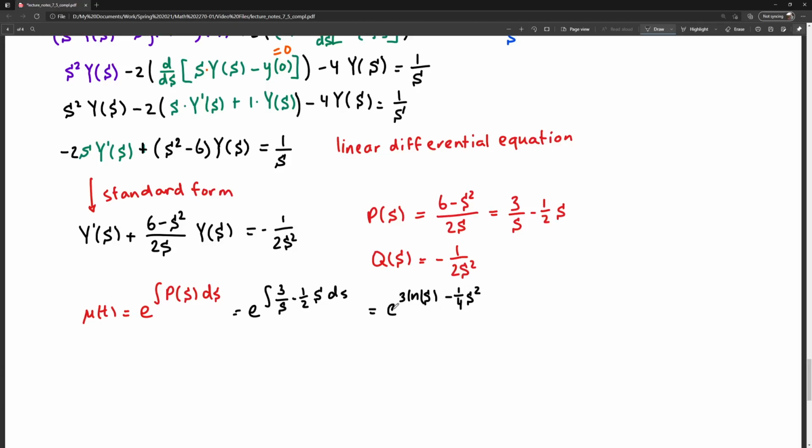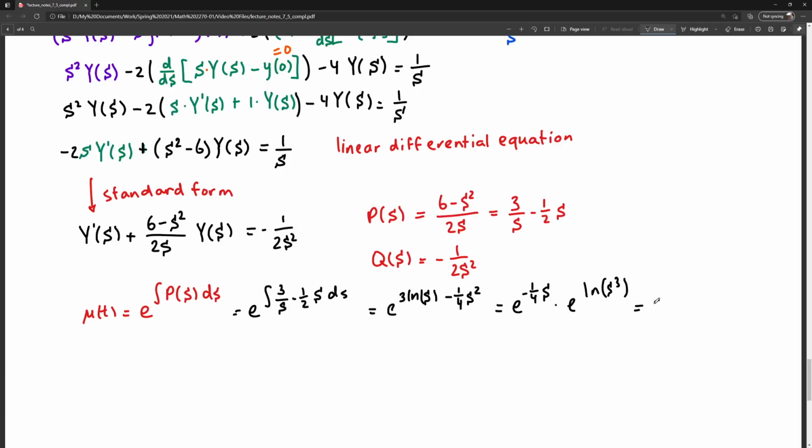And to simplify this, I'm going to write it as a product: e to the power negative 1 over 4 s squared times e to the power ln of s cubed. What I did is bring that 3 inside the ln using properties of logarithms. And so now the e and the ln cancel out.